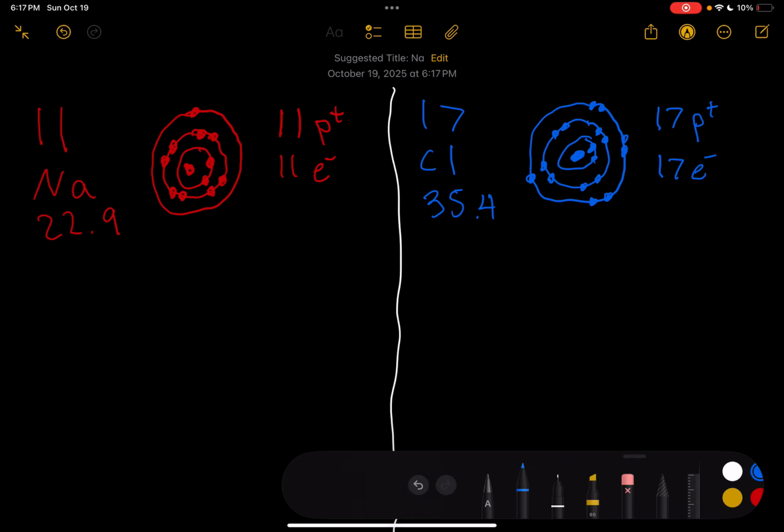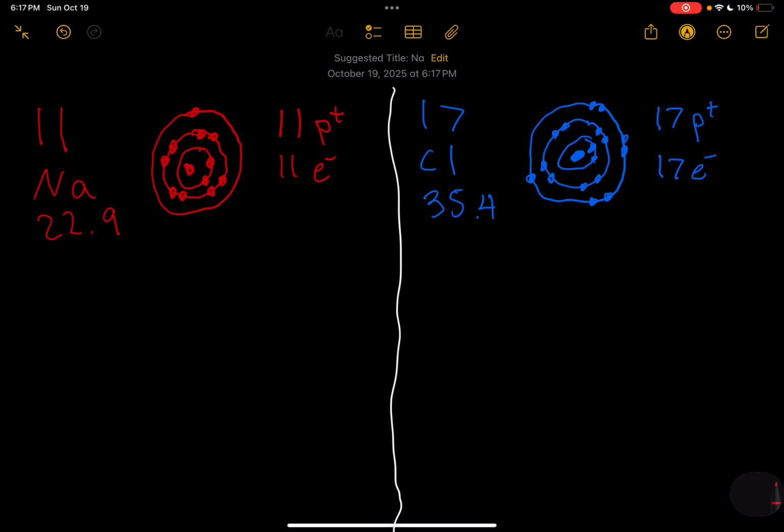So we're now going to look at when these atoms become ions. Both of these atoms very rarely, pretty much never, exist in their atomic form. The reason for that is because of how electron shells fill up.